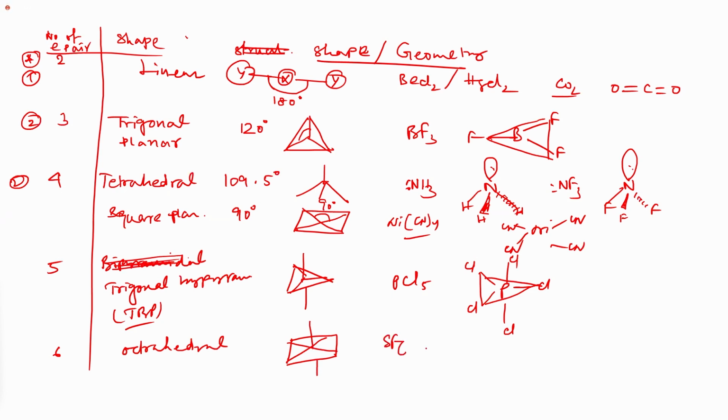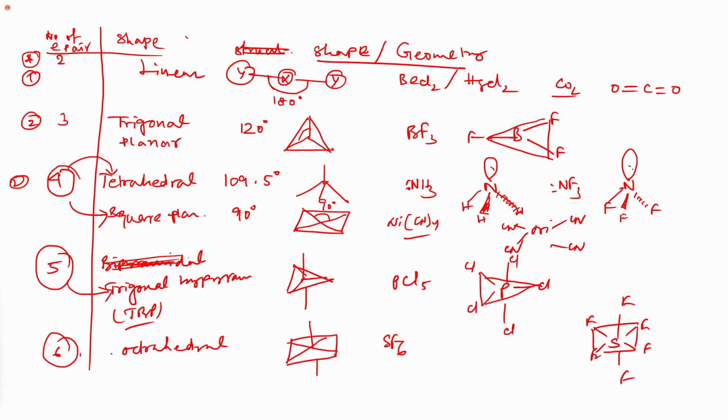For example, SF6: sulfur will be there, with fluorines. You should just remember: when the number of electron pairs is 4, the structure will be tetrahedral or square planar. When it is 5, it will be trigonal bipyramidal. When it is 6, it is octahedral. When it is 3, then trigonal planar. When it is 2, then linear.